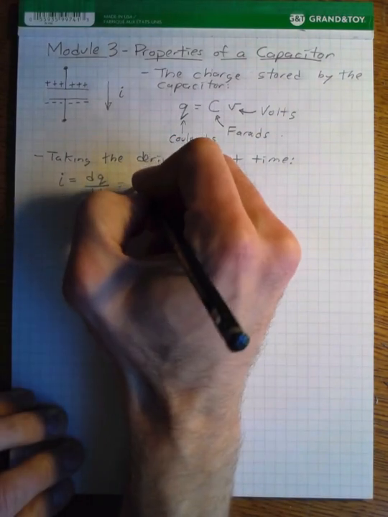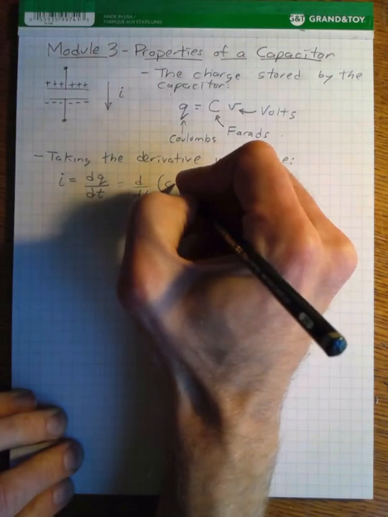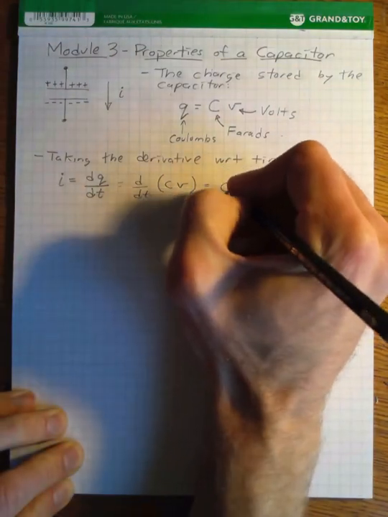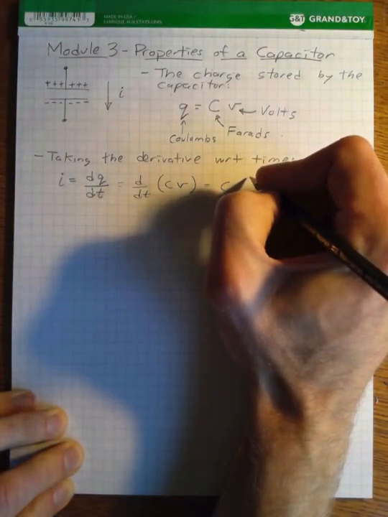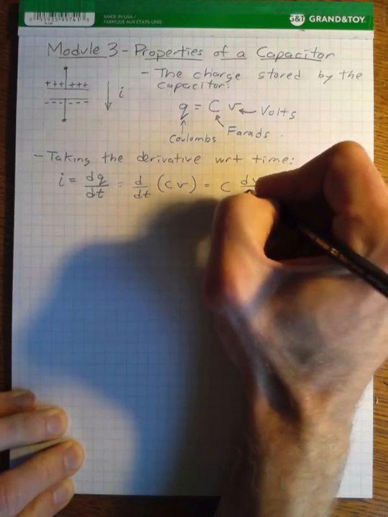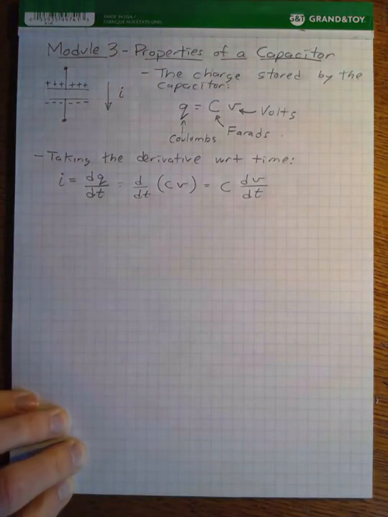If we take the derivative with respect to time of capacitance times the voltage, we basically get capacitance, which is a constant, times the derivative of the voltage.